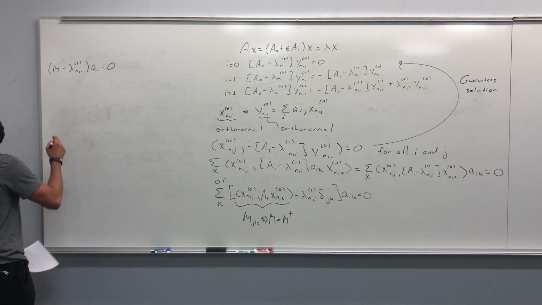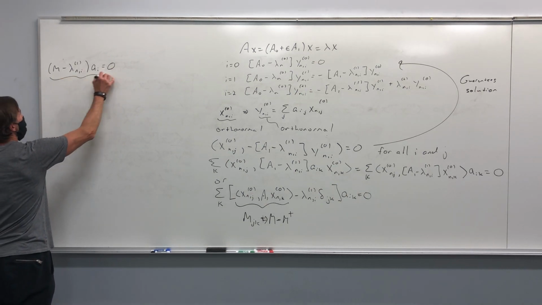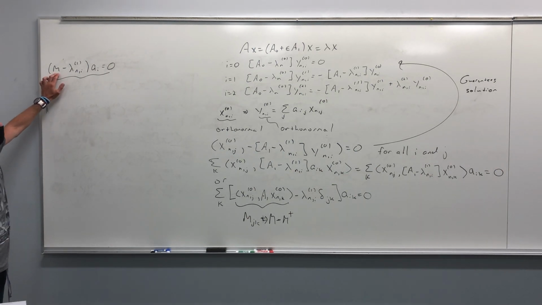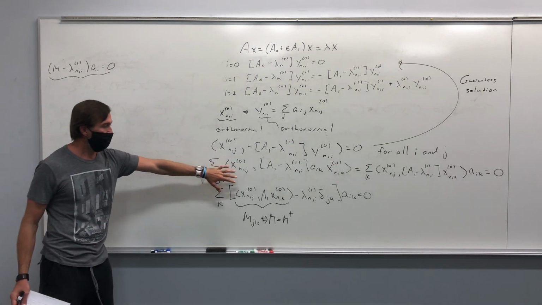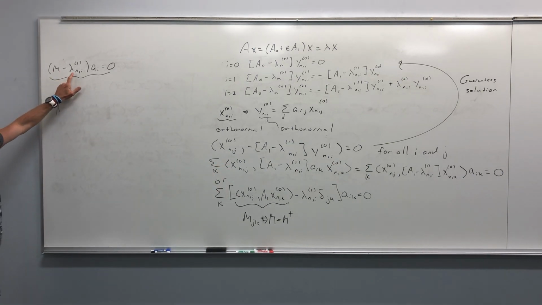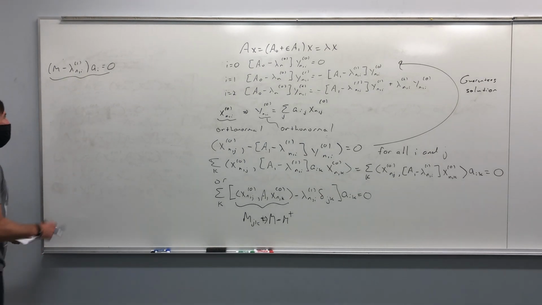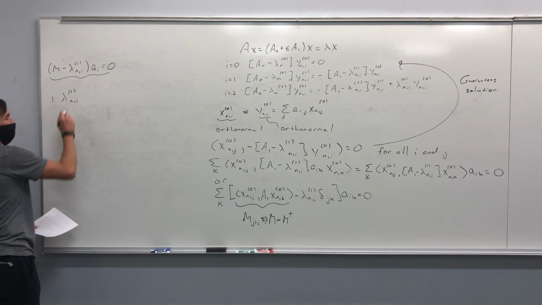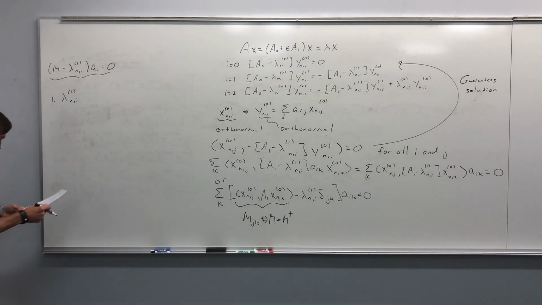So let us imagine that we solve this, starting with the matrix M defined here. If we solve this, we'll get, first of all, the eigenvalues. That's the first order correction to the eigenvalues, so the first thing we get is the lambda 1s.